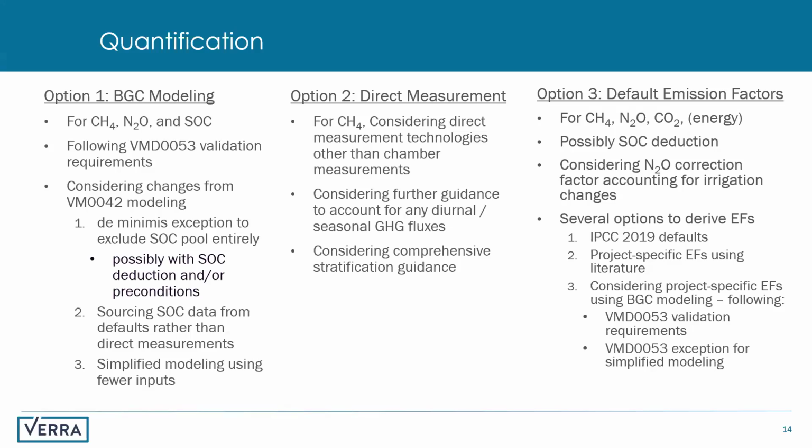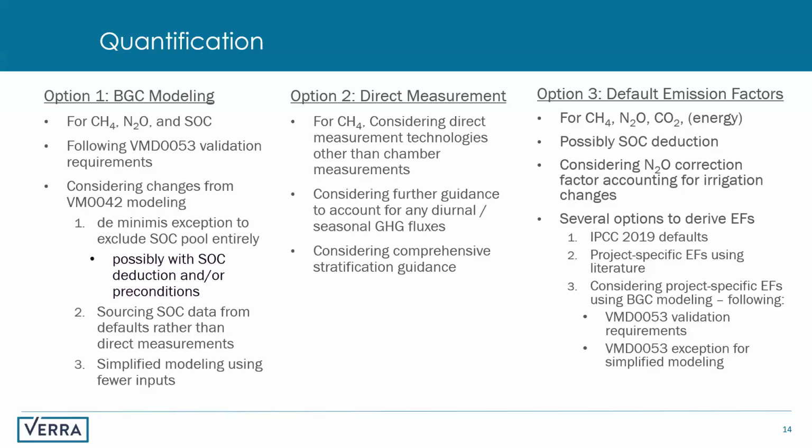So the idea here would be instead of, let's say, 100 or more input parameters that are necessary, we would whittle that down to potentially half a dozen, 5 or 6 that are most critical. And that way it would greatly simplify the modeling. So again, there's a few options here we're exploring to make more efficient modeling, more efficient use of this option, but those are not guaranteed. And so the default would be VM53, VM42 guidance.